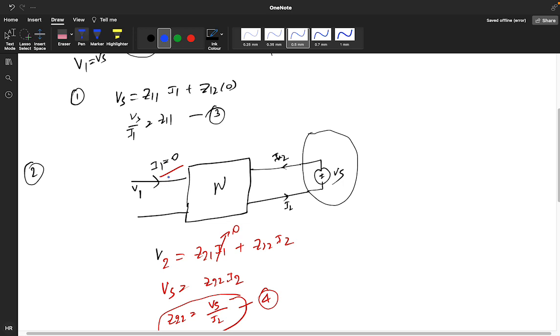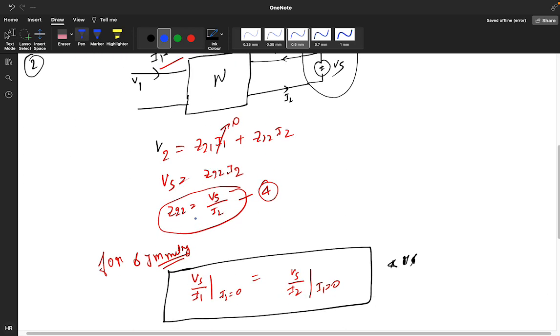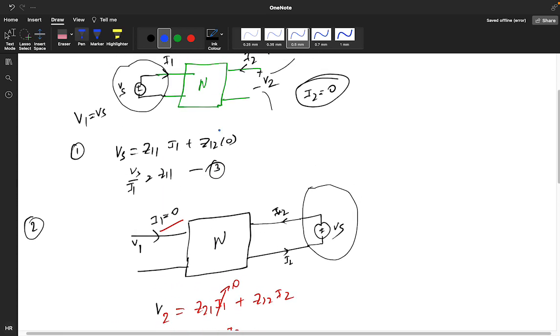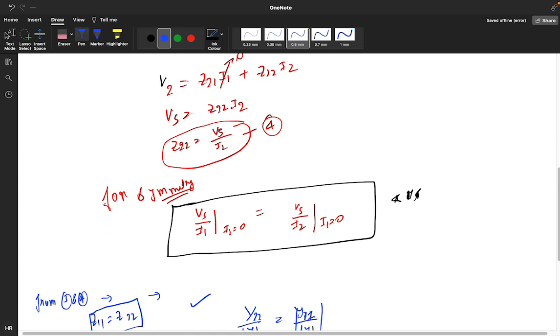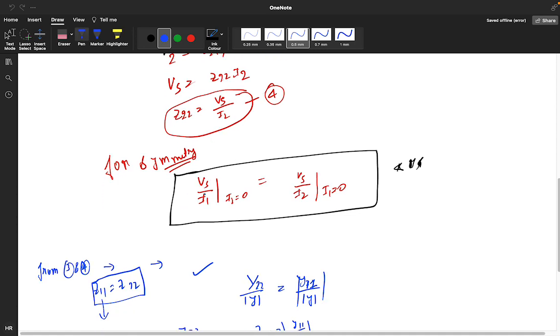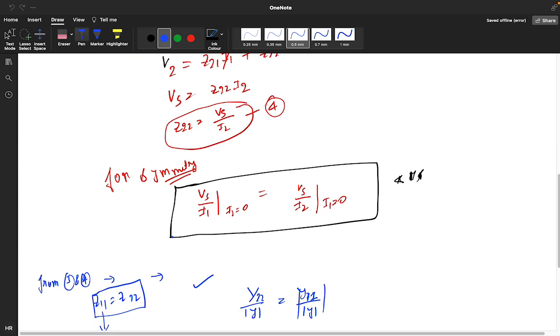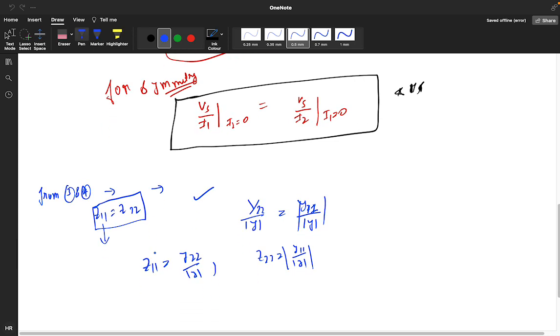Now you make I1 equal to 0 and put it in equation 2, and you get Z22 equal to Vs by I2, which has some value. If equation 3 and equation 4 are the same, the network is symmetric. So Vs by I1, which is Z11, comes out as the Z22 value.